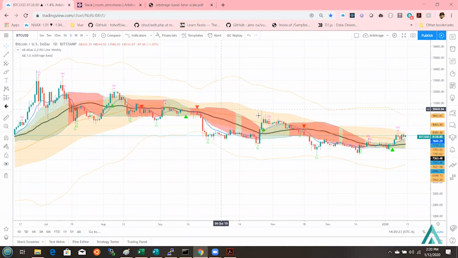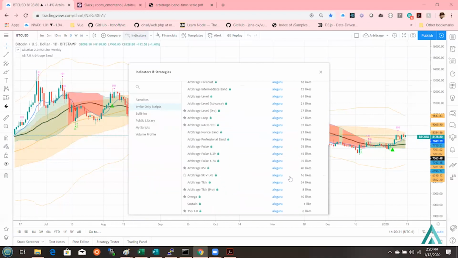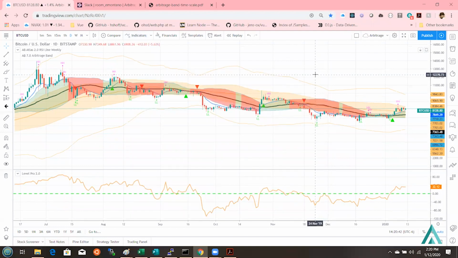So we have the bands, we have the Atlas, we have our arbitrage band. The next indicator, if you're at the novice level, the next indicator that you have access to is our level indicator. As of Christmas of this year, everyone has access to Level Pro, even at the novice level, the $100 level.